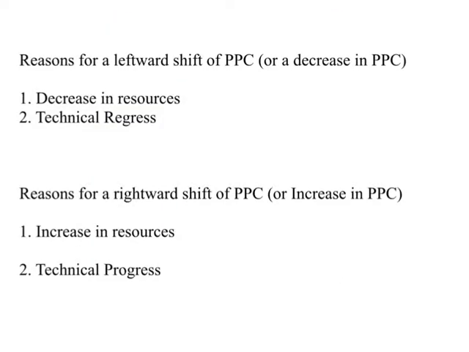What we saw on the previous slide is a leftward shift of PPC, and what it reflected is a decrease in production possibilities available to this firm, and this could happen because of decrease in resources or the opposite of technical progress, which I call technical regress.